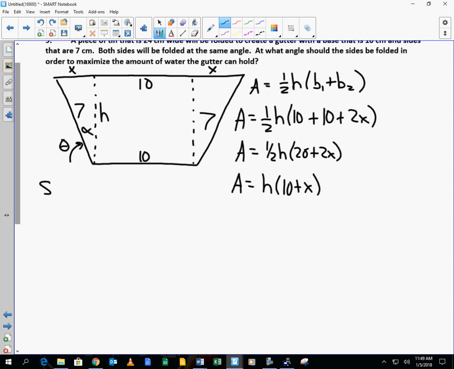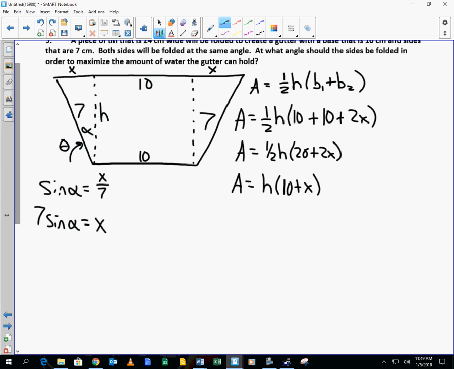Sine. Thank you. Sine of alpha is equal to what? x over 7. Very good. See how I've now introduced alpha into the problem? Can I solve for x? Yeah, 7 sine of alpha is equal to x.